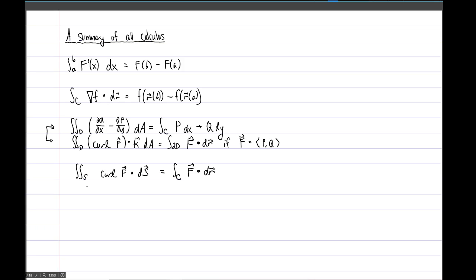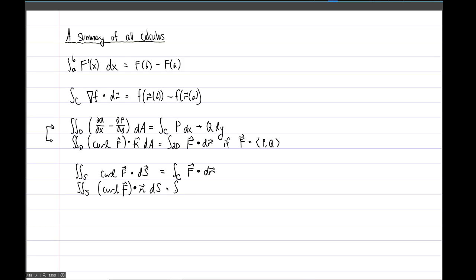But to get this to look more like the second way that Green's theorem was written, we can also write the double integral over the surface S of, and then we'll just insert parentheses here, just for clarity's sake. They're not really going to be needed. So curl of F dot n dS, just trying to make it look a lot more like this. So the dot k is like the dot n.